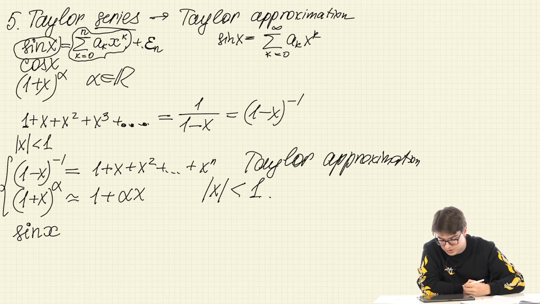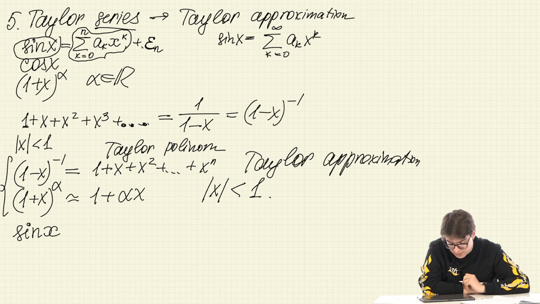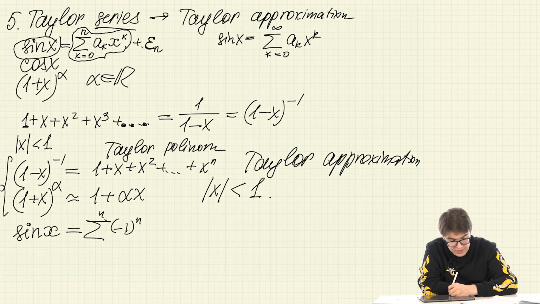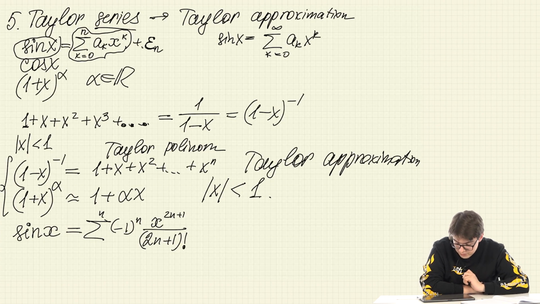So there is also a term Taylor polynomial, and it is given by the following formula: minus 1 in the power of n, x in the power 2n plus 1 divided by 2n plus 1 factorial.